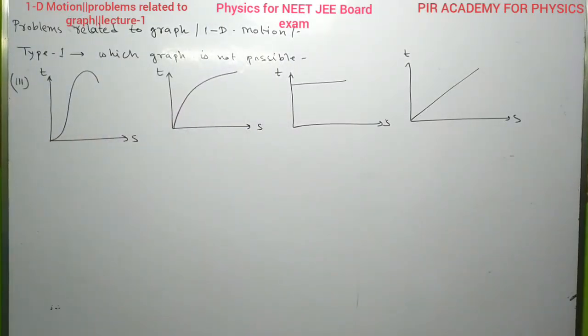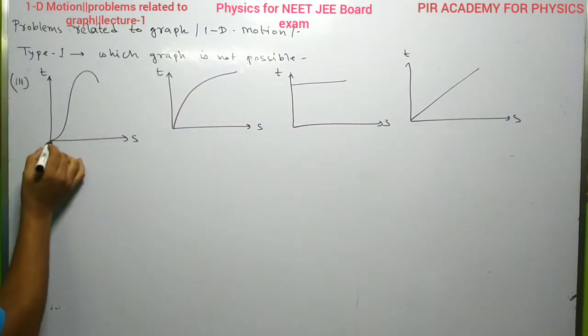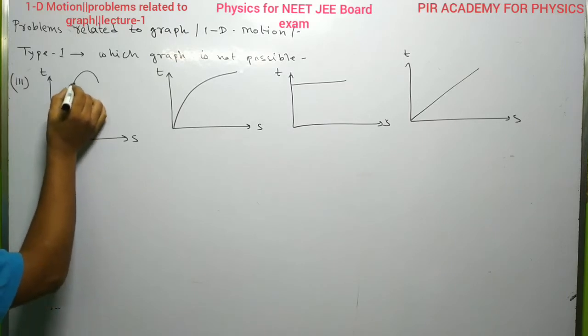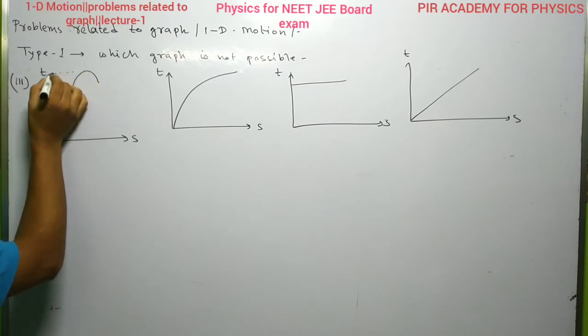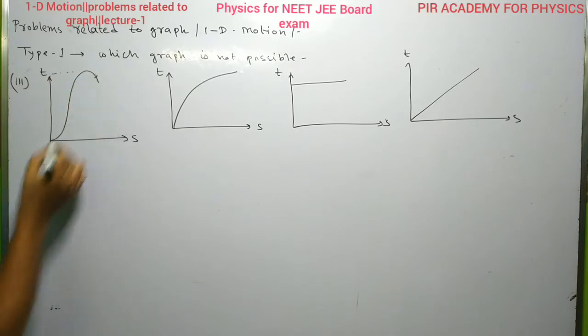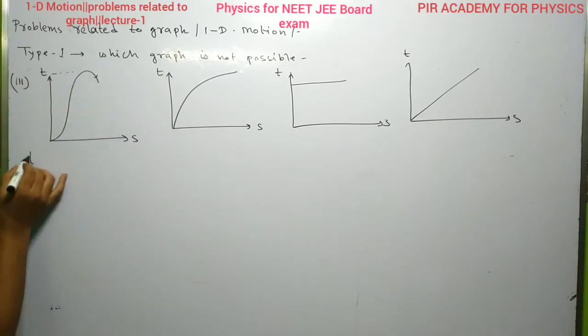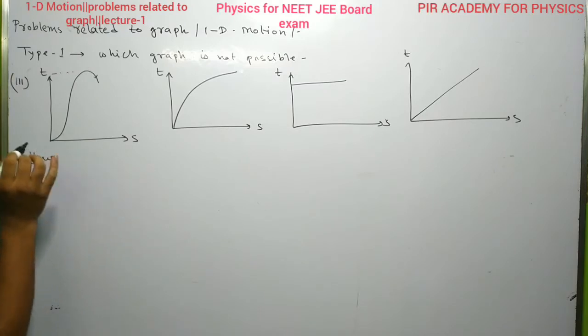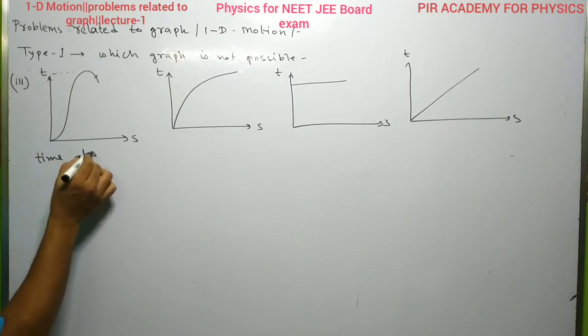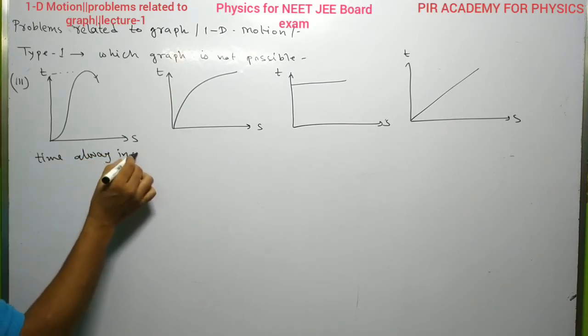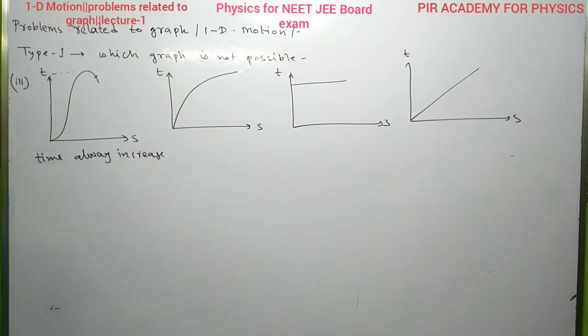Here you see that the time is increasing. After increasing, it reaches a maximum, then decreases. Here time is first increasing, then decreasing. Time always increases. It does not decrease.